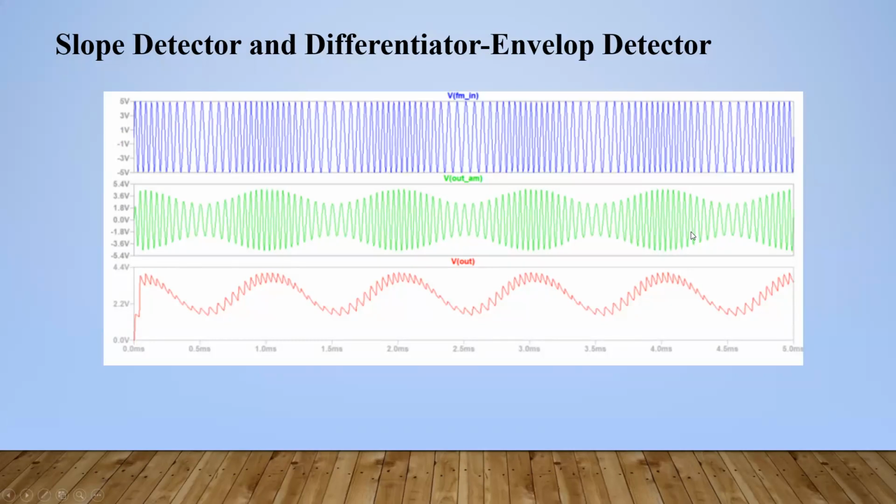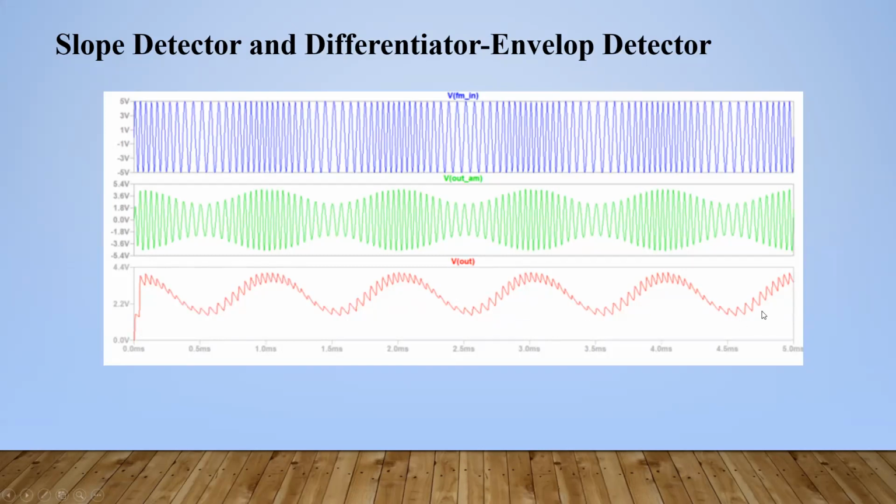That means it's like an amplitude modulated waveform. But the frequency modulation can also be seen here, and by using an envelope detector finally we can get the information signal. There can be some variations due to distortion or noise, but we can have the original information signal like this.